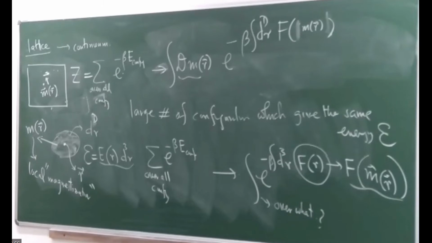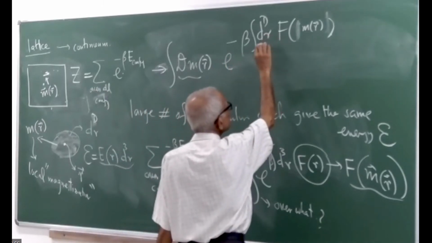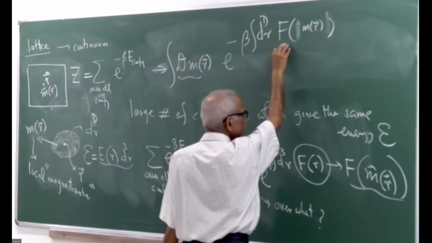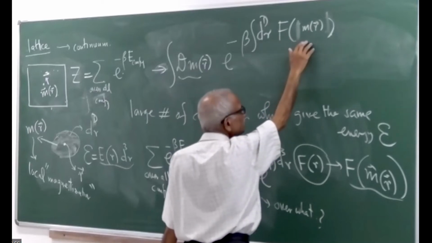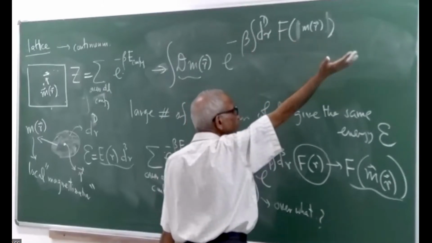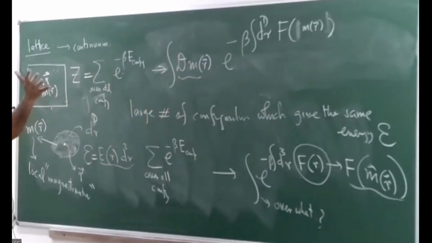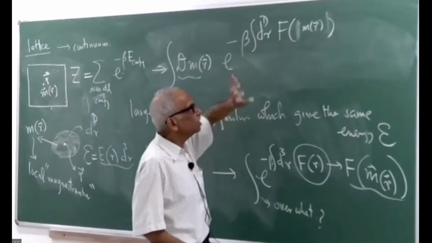I have a volume element around this r, and in that volume element, the magnetization can go, what is the energy associated with that volume element? It is given by some free energy, which is some function of this m of r. Integrated over all space, it gives you the free energy.